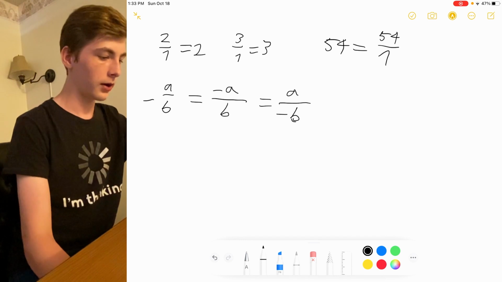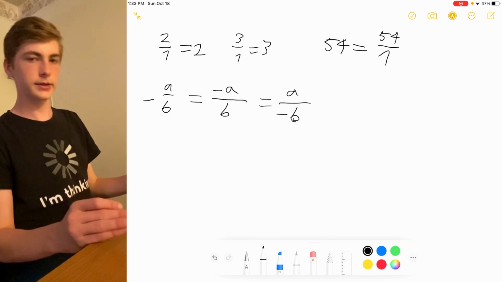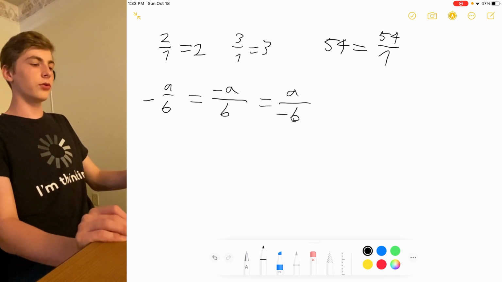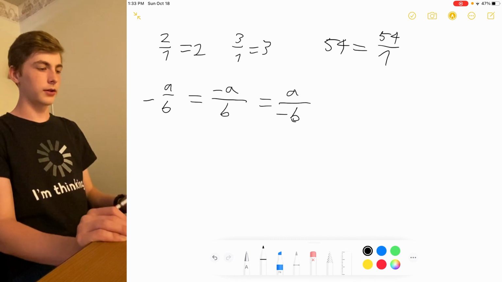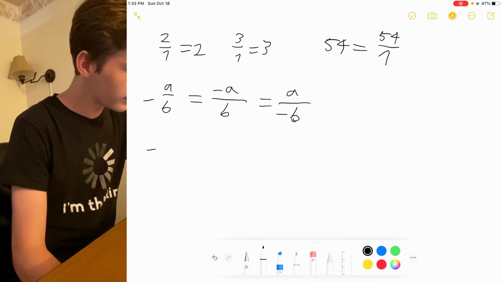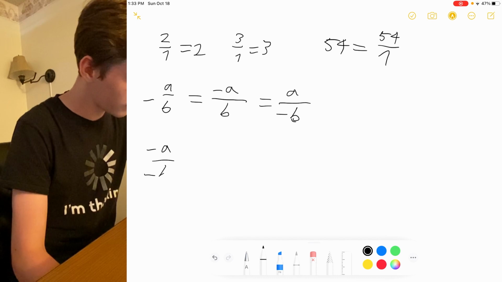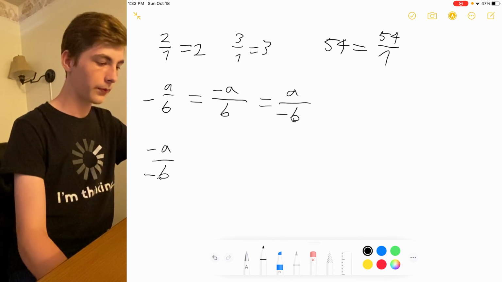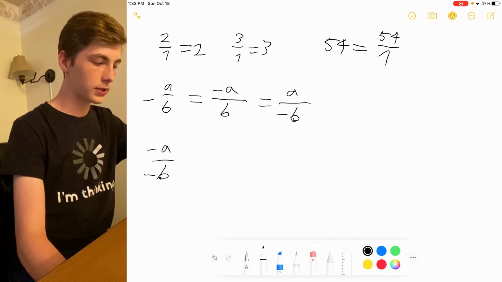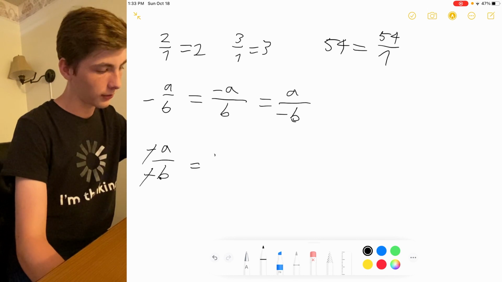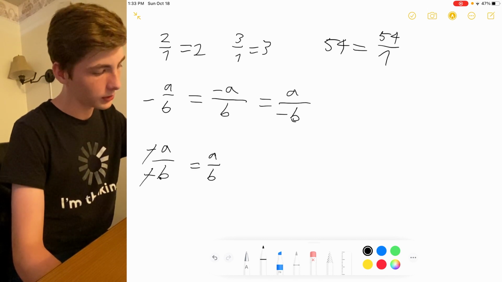It'll all be the exact same thing. So don't worry about the negative sign being anywhere. Now, if you have negative a over negative b, that's a little bit different. It turns out these negatives just cancel each other. So that's just equal to a over b.